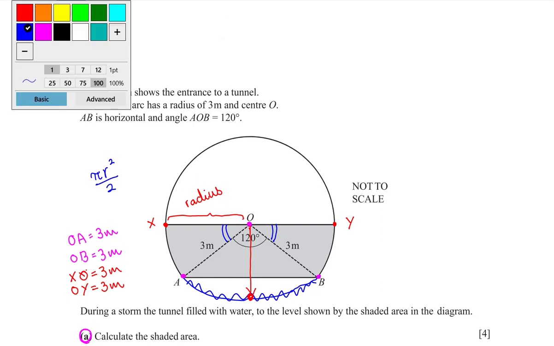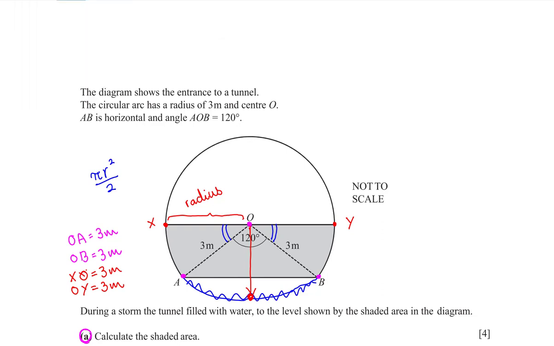Let me get in a different color. Let's use this. As you know, angle XOY would have a value of 180 degrees, and since XO is 3 meters and OY is 3 meters, I'll just write 3.